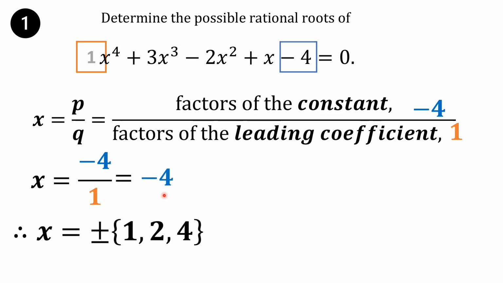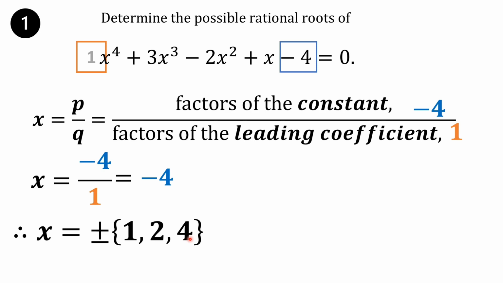Therefore, the factors of negative 4, or the possible rational roots of the polynomial equation, are x is equal to positive, negative 1, 2, 4.